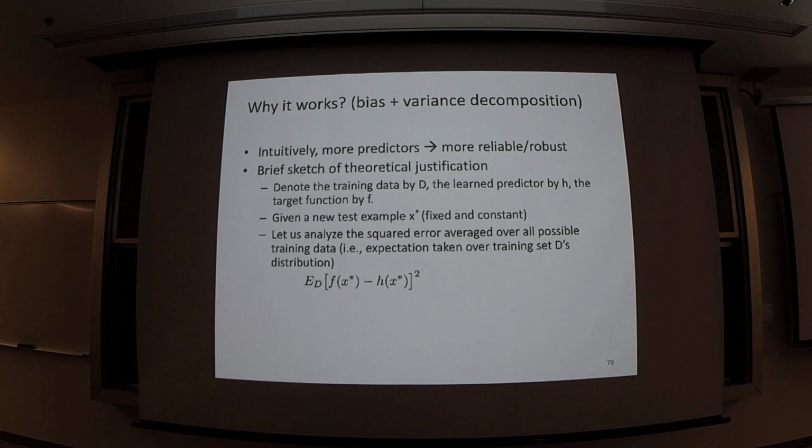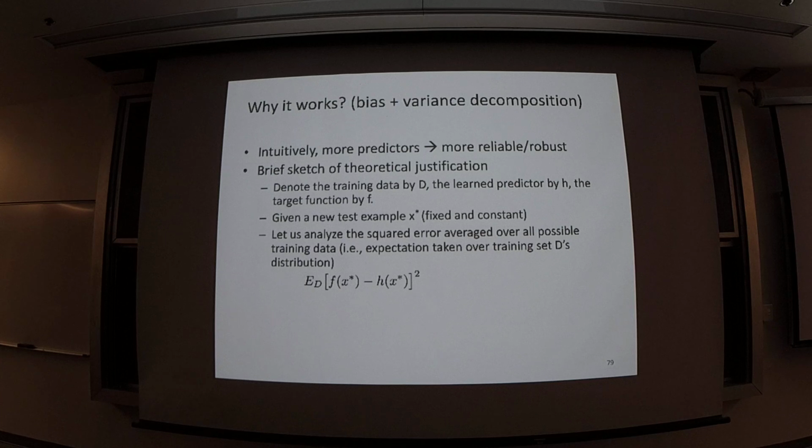Just pick a decision tree and randomly generate a bootstrap sample from the original training set, train the decision tree, and let it grow as much as you want. Then you have a collection of trees, and you do the average. That's it. Then the question would be, why does this simple method work?